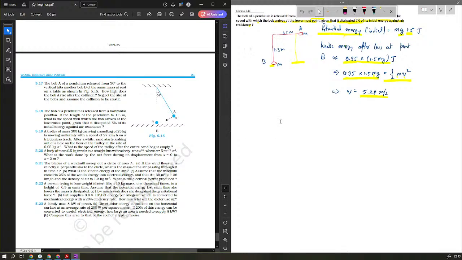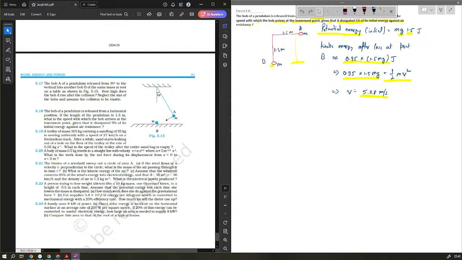So again, here we will use the work energy theorem. The initial potential energy is going to be mgh, that is mass into acceleration due to gravity into height, and the height is 1.5 meter. The kinetic energy after a 5% loss would be only 0.95 times the potential energy.